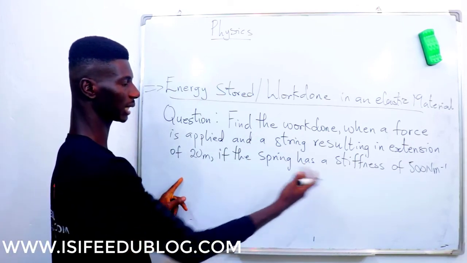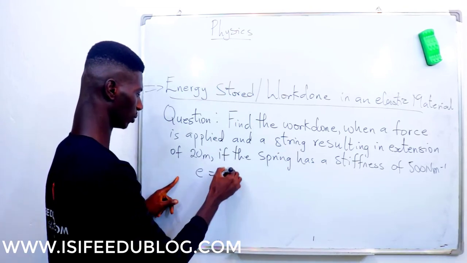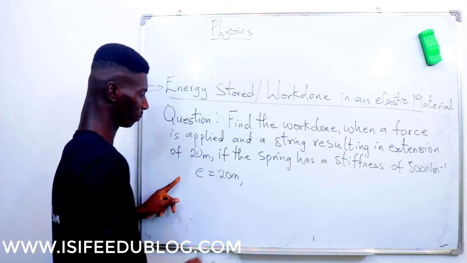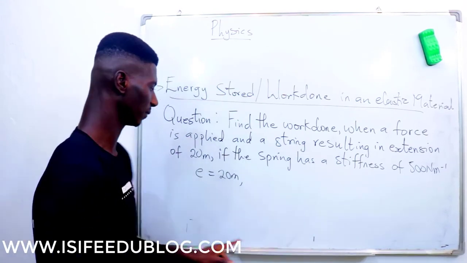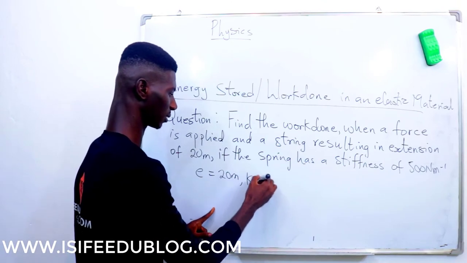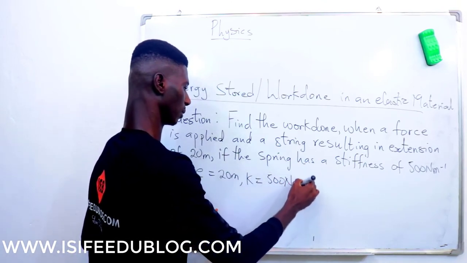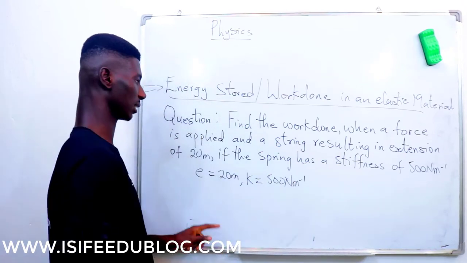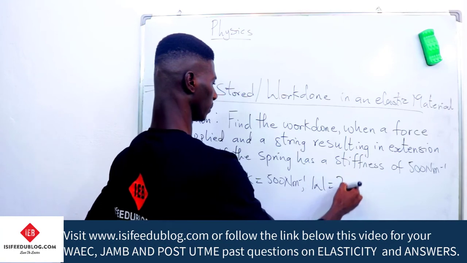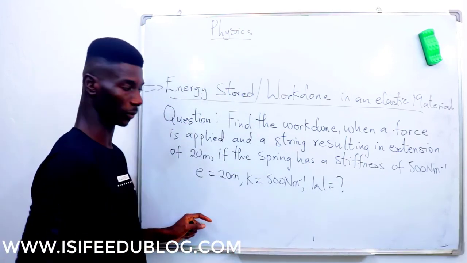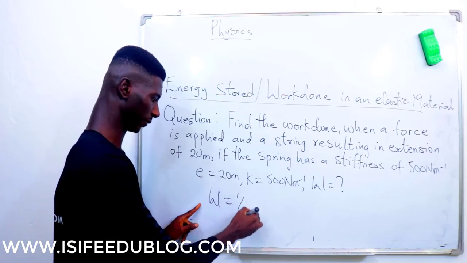Write out the parameters. We have the extension, E, 20 meters. After the extension, the next thing we have is the stiffness, which is the force constant, K, 500 Newton per meter. Now the next thing, we are looking for work done. Let's call it W. Now from our equation of work done, the work done is equal to half.